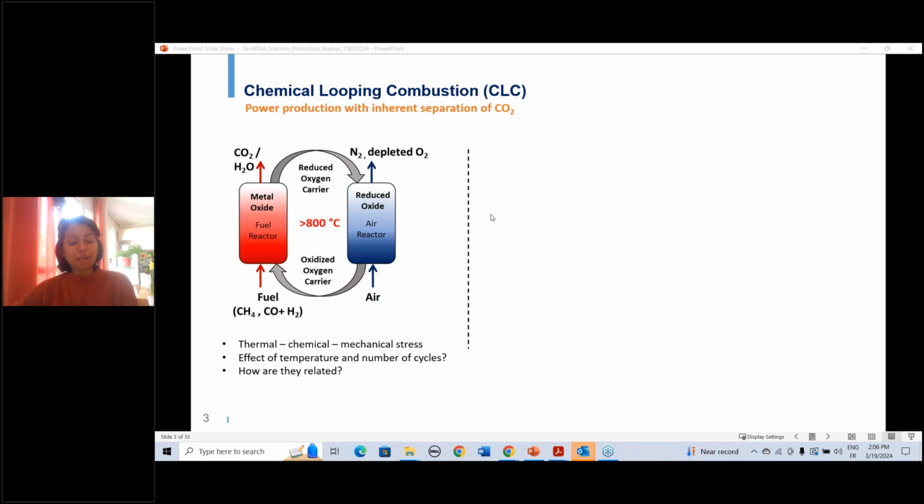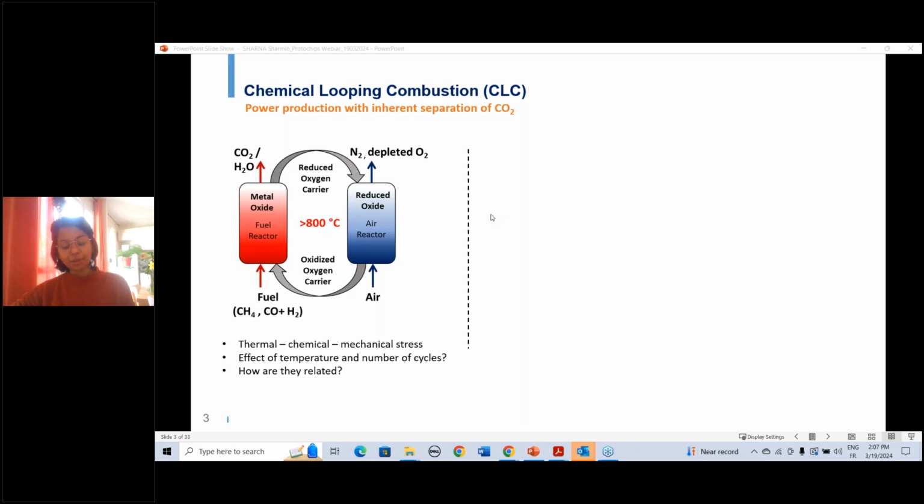So we know combustion uses fuel to react with oxygen to produce energy, carbon dioxide, and water. Since we use air, the exit gas is diluted by the presence of nitrogen. As a result, the separation of CO2 is quite energy intensive.